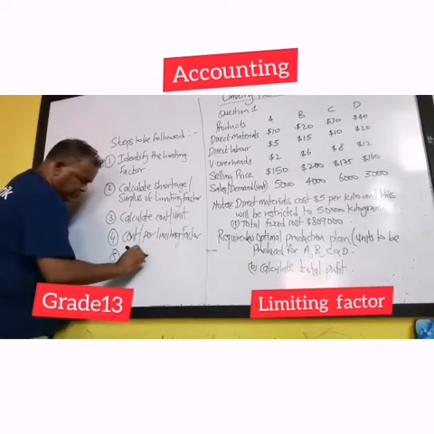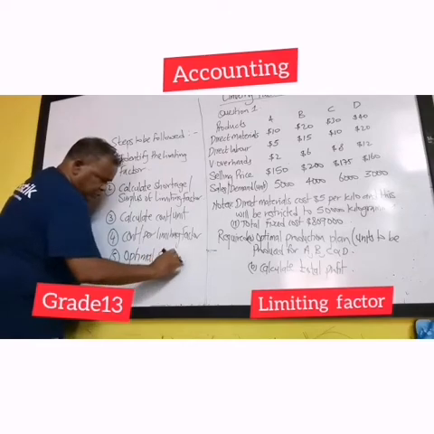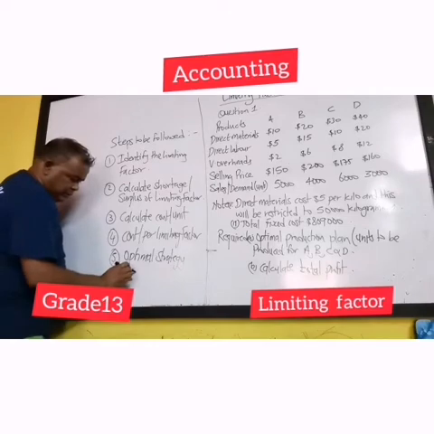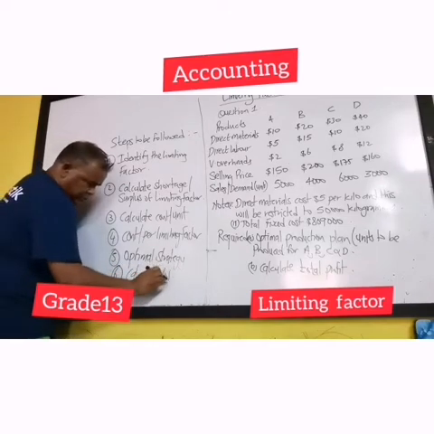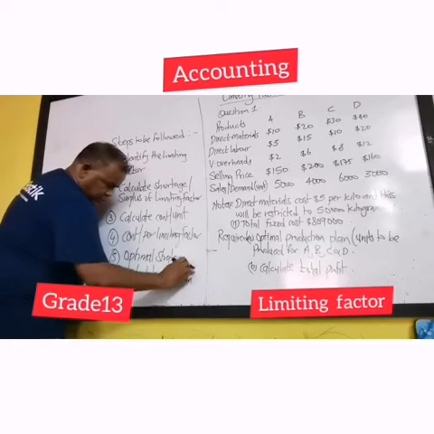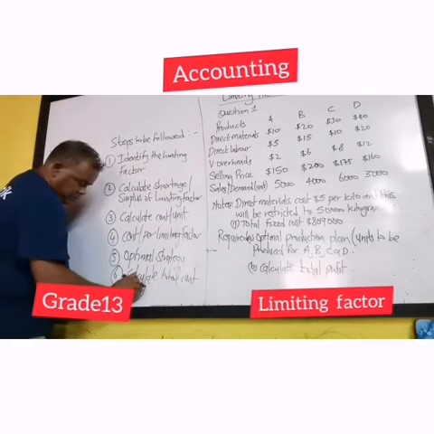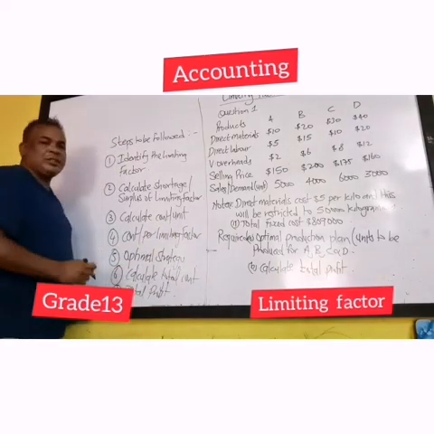This one, optimal strategy. So the number of units to be produced, and then we have to calculate total contribution, and finally total profit. So here are the steps that we have to follow when there is a limiting factor.